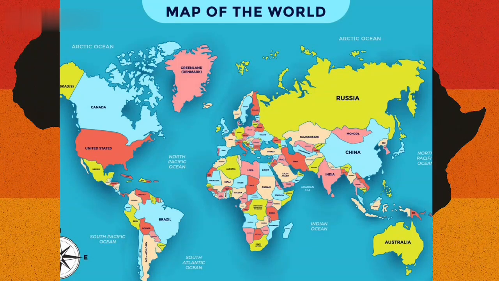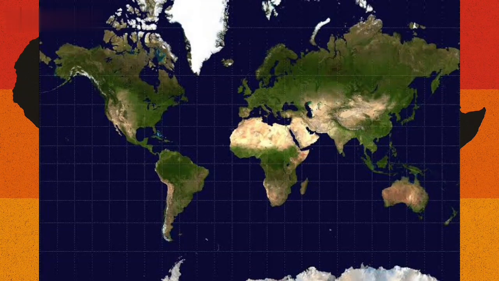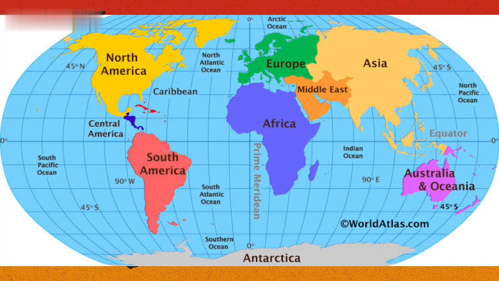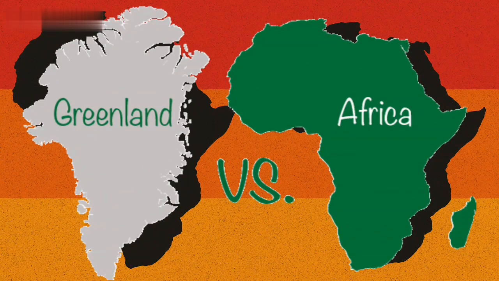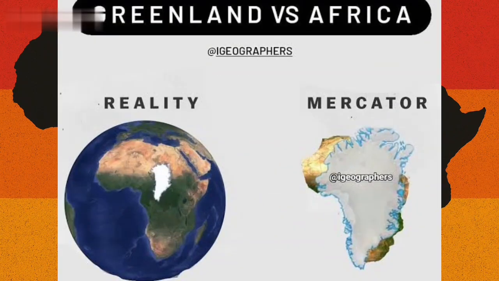The truth is, the most common world map, called the Mercator projection, was created hundreds of years ago for sailors. It made Europe and North America look much bigger, but it shrank Africa and South America. On that map, Greenland looks almost the same size as Africa, but in reality, Africa is about 14 times larger.